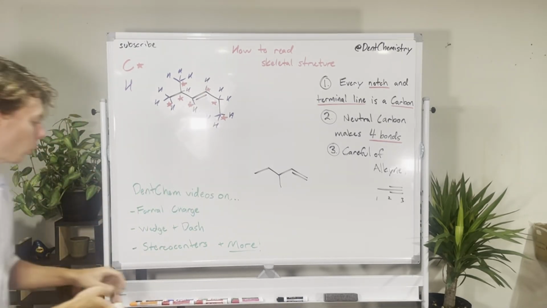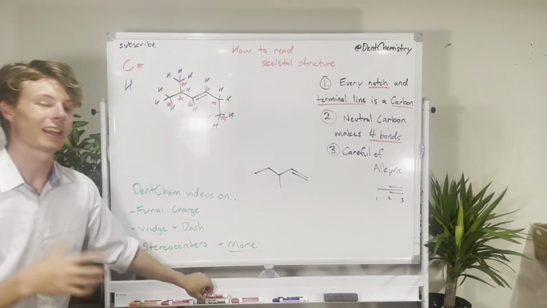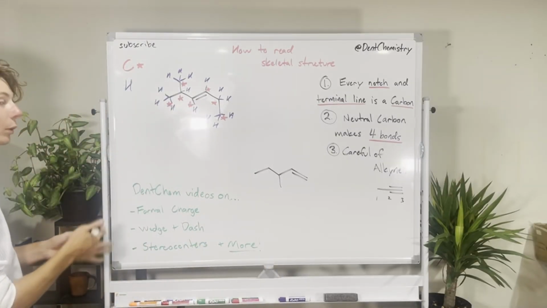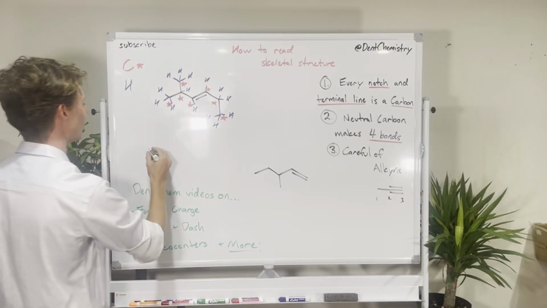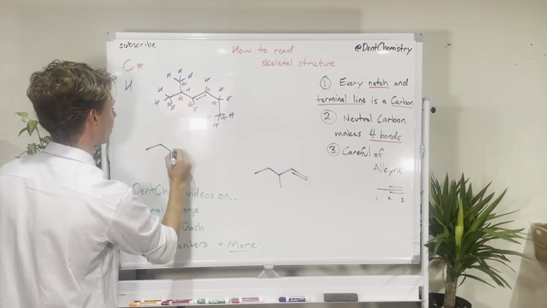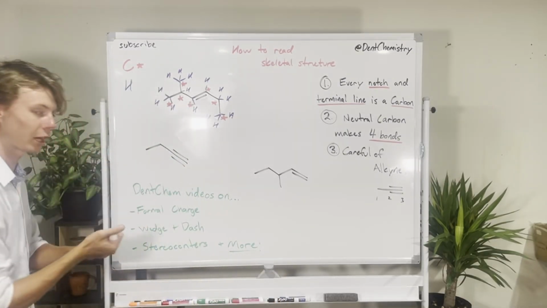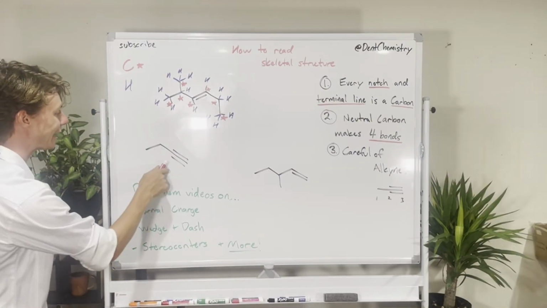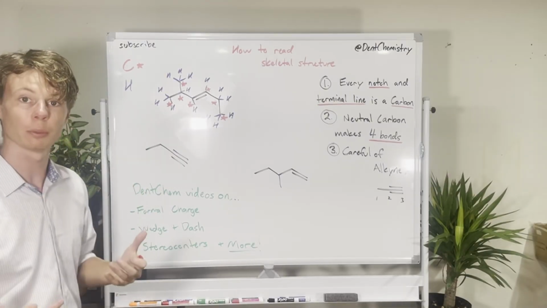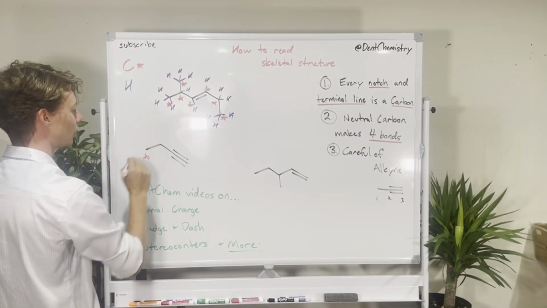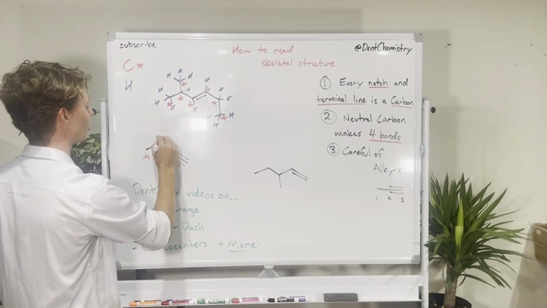All right. Now that one little trick, looking for notches and the end of a line, is not always going to work for finding carbons. Probably the most missed carbon early on in organic chemistry is the alkyne, okay? Alkyne is when the carbon makes a triple bond. So we know here at the end of the line, we have a carbon. We know here that the line changes direction, that's a carbon.